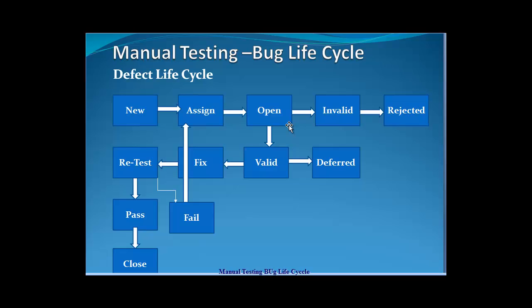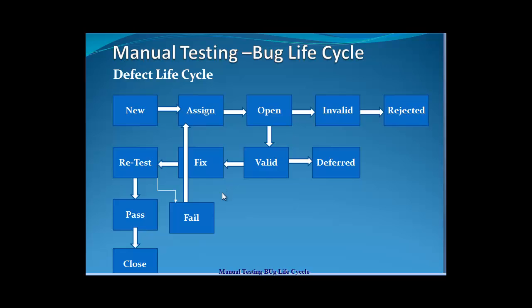And if the supplied information is correct and the developer is able to reproduce that defect in their environment, he marks the defect as valid and starts working on it.